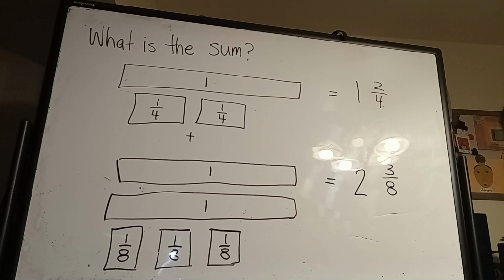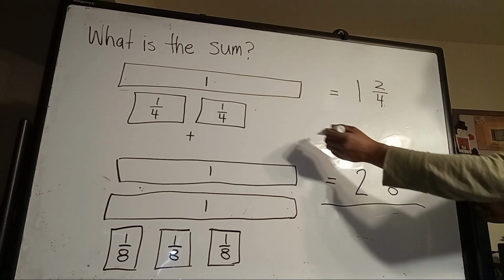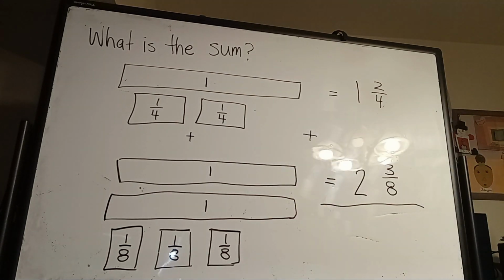Now that we have that, the problem asks us to find the sum, which means we're going to add. So we're going to make this an actual problem. We're just going to draw our equal sign, and we're going to add our operation sign. When we deal with mixed numbers, that's what this is. A mixed number is a whole number with a fraction.